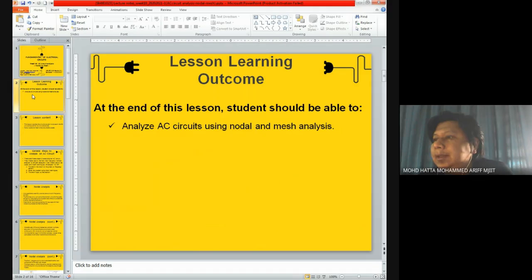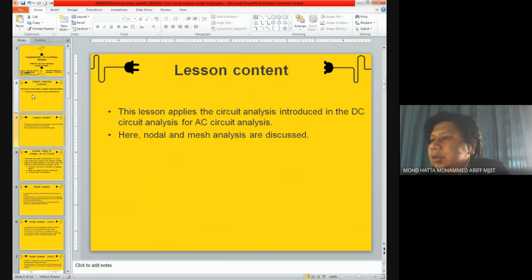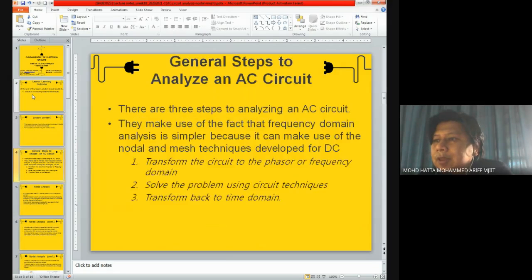All right, I think I've explained this one. Nodal and mesh analysis will be discussed. The difference between DC circuit analysis and AC circuit analysis is that AC circuit analysis involves frequency.